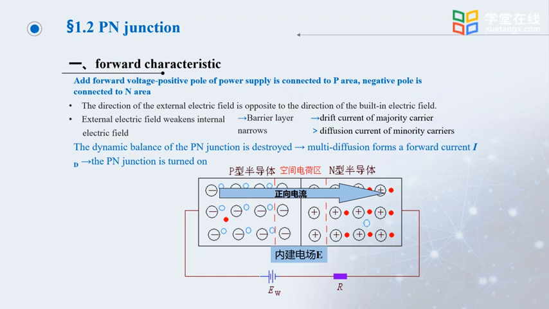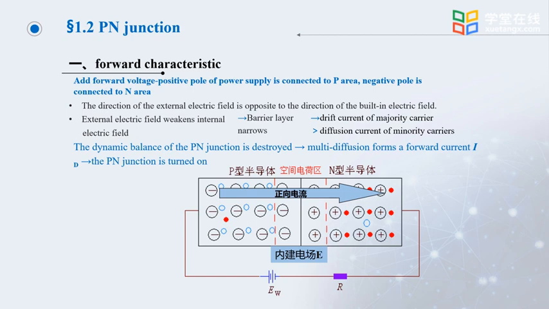The two are opposite, which means that the external electric field weakens the internal electric field. In this case, it will break the original dynamic balance of the PN junction, so that the diffusion motion of majority carriers is greater than the drift motion of minority carriers.